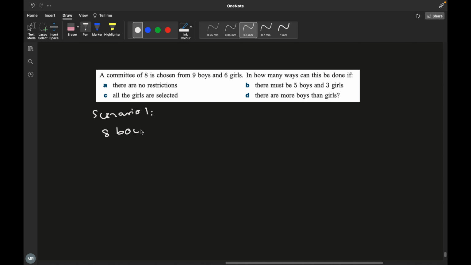Eight boys, 0 girls. There are more boys than girls, so it's going to be 9C8, which is 9. Yes, 9 ways.